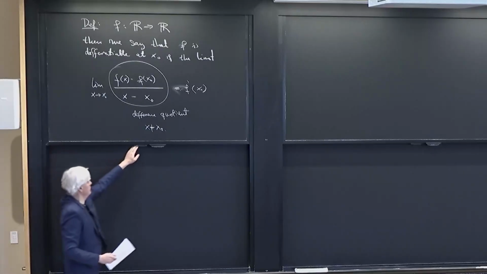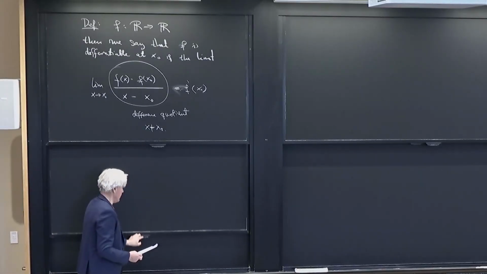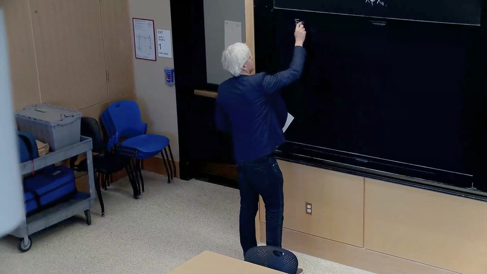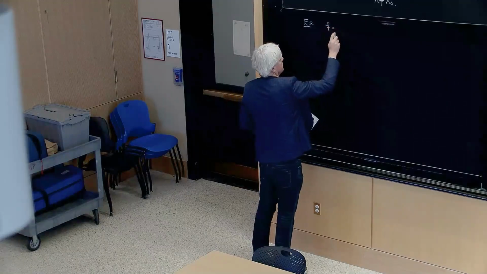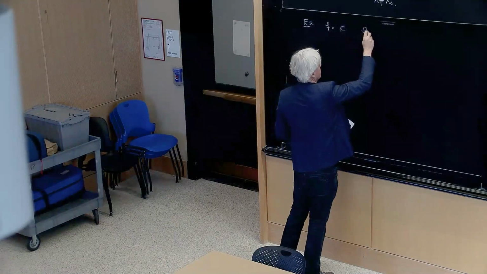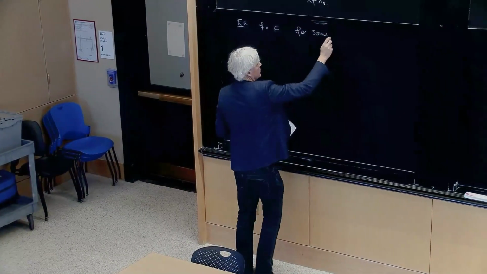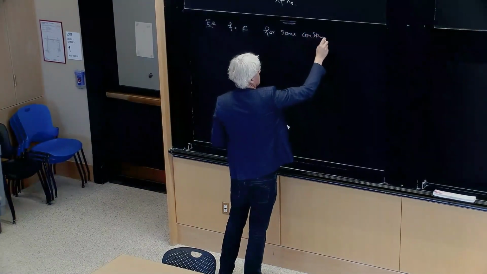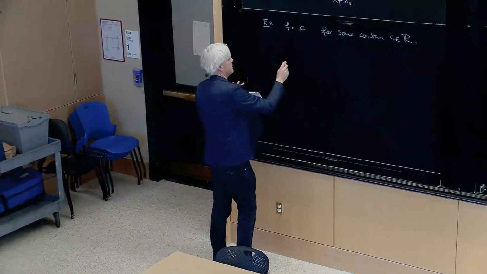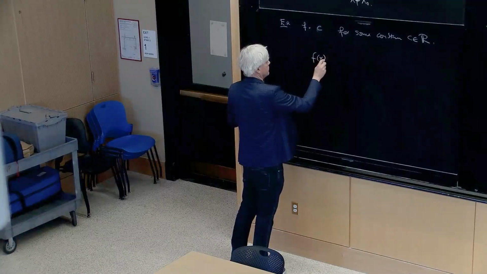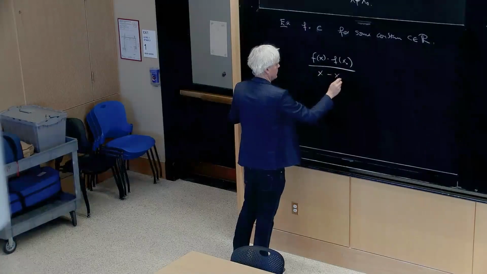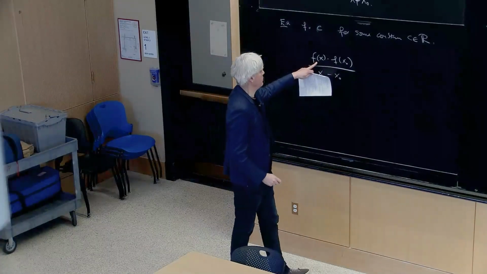So now, the simplest possible example of this would be that suppose you're looking at a function that is constant, so f is equal to some constant c. Then if you're looking at this difference quotient, f of x minus f of x0 over x minus x0, well, the value at any point is c.